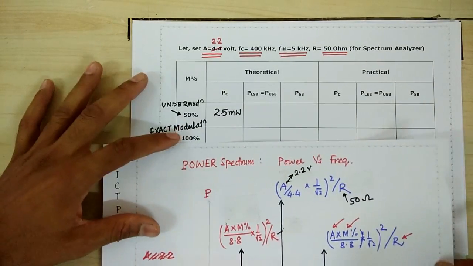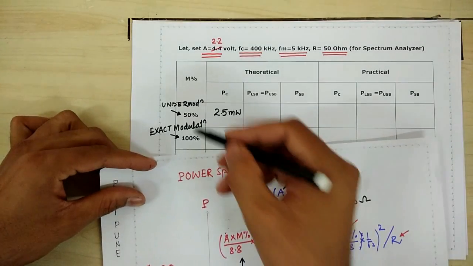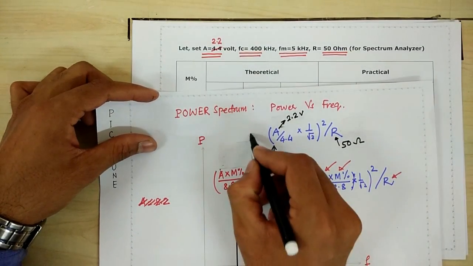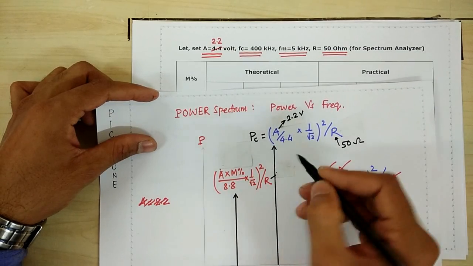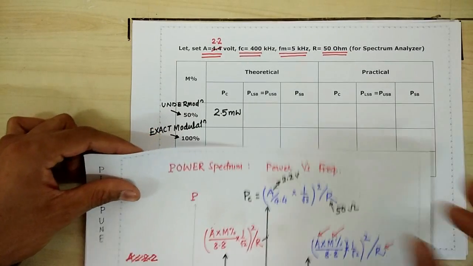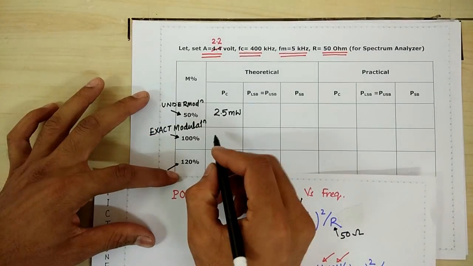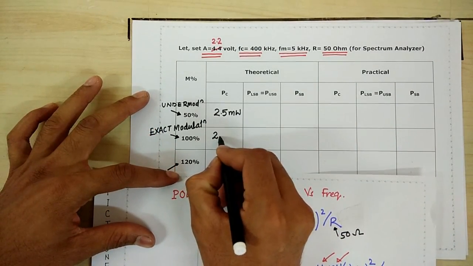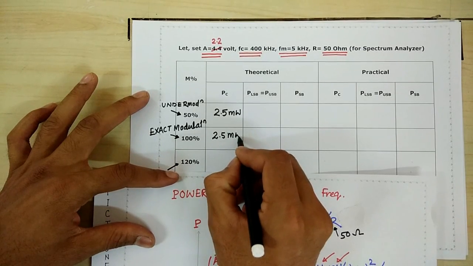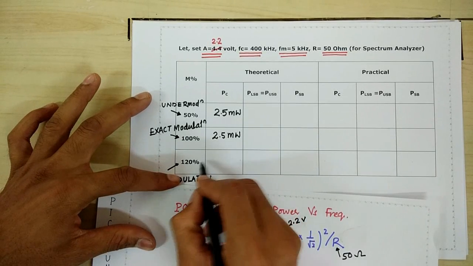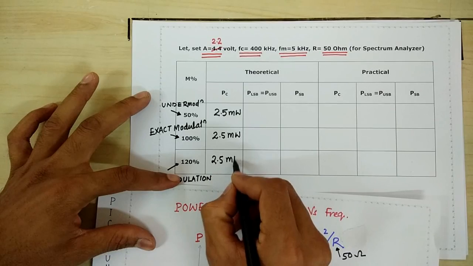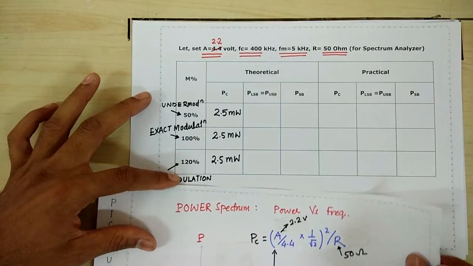If you observe the different modulation indices, since the carrier power term does not include the modulation index in its formula, it is independent of the modulation index. So in all three cases the carrier power is 2.5 milliwatt, and this is also the same, 2.5 milliwatt.